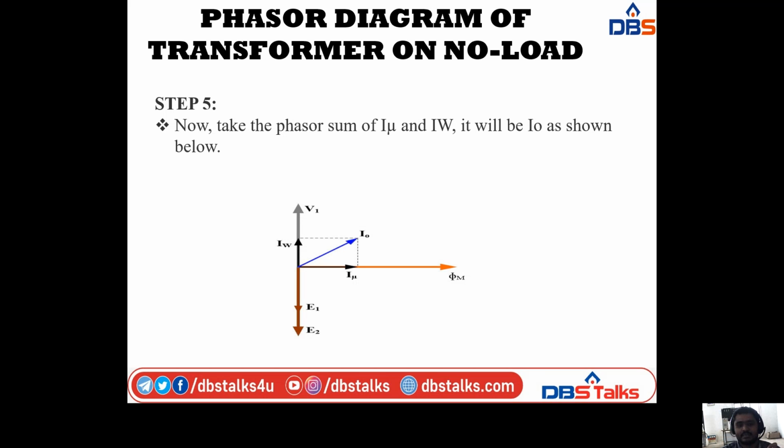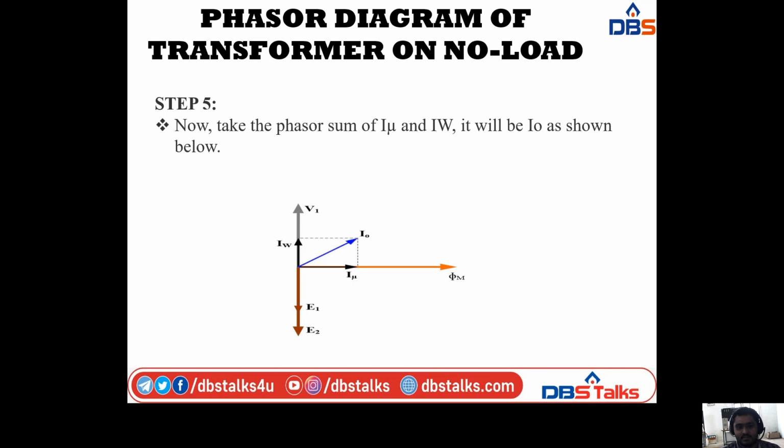Now take the phasor sum of I mu and IW. You already know the no load primary current is the summation of I mu and IW, so it will be I naught. Take the phasor sum of I mu and IW; it will be I naught as shown below. By combining these two, I am taking the phasor sum of this IW and I mu.